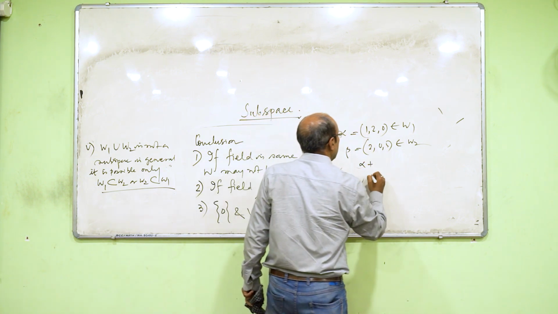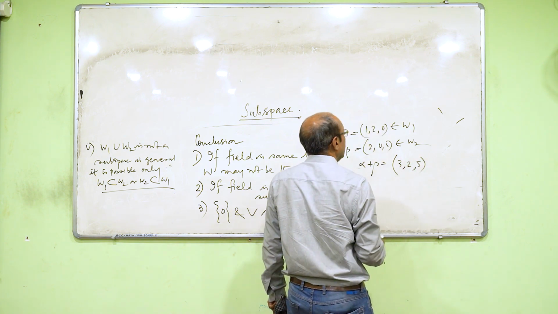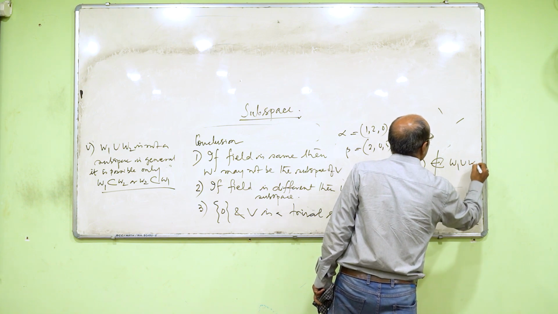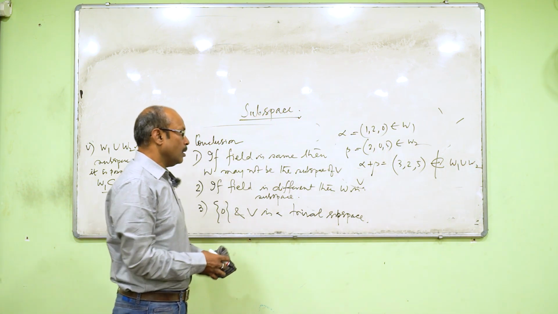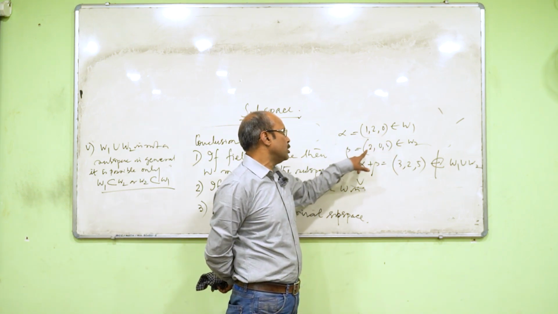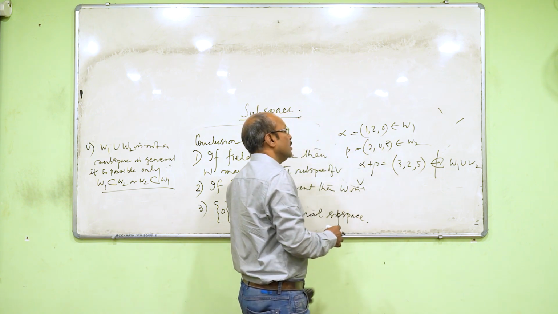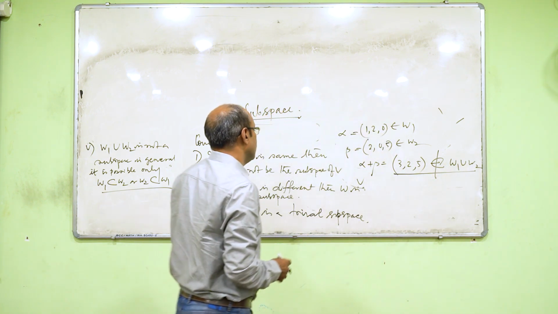If we take alpha plus beta equals (3, 2, 5), which does not belong to W1 union W2. So with W1 containing (1, 2, 0) and W2 containing (2, 0, 5), the sum does not belong to W1 union W2.